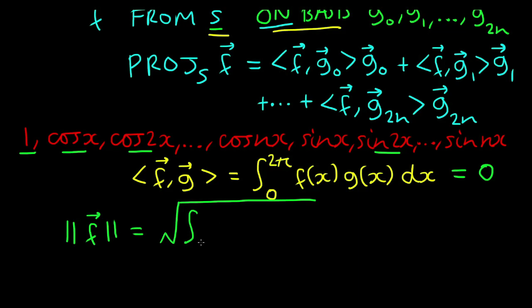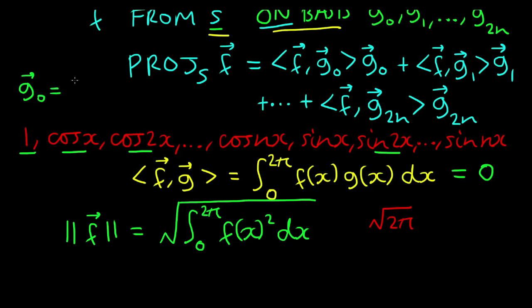So here we have the inner product being the integral from 0 to 2 pi, and we have f of x by f of x integrated with respect to x. And I'll let you verify that this will evaluate to root 2 pi for the basis vector g0, which has the component 1, and root pi for all the other basis vectors.